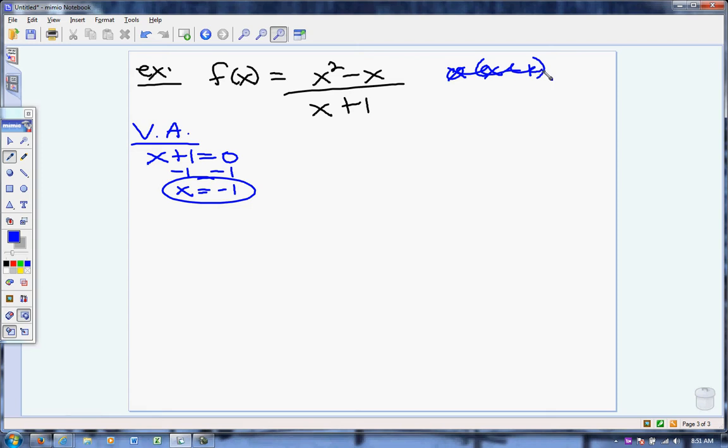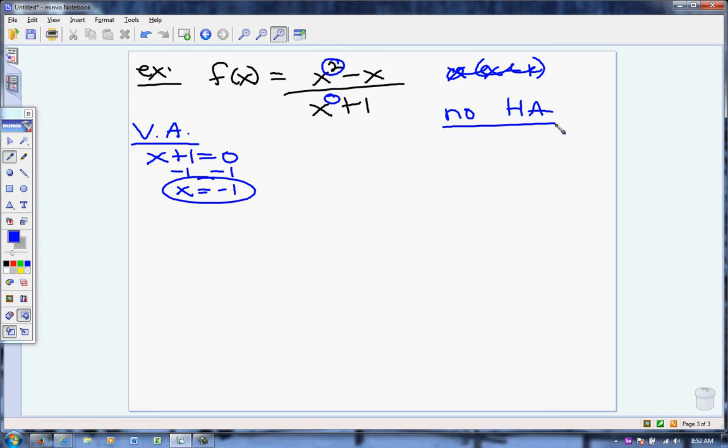But we do have the situation where the degree of the numerator is exactly 1 more than the degree of the denominator. Now, before we go that route, is there a horizontal asymptote? No, there's no horizontal asymptote, because the degree of the numerator is bigger than the degree of the denominator.